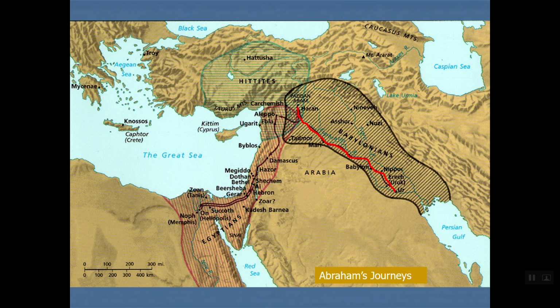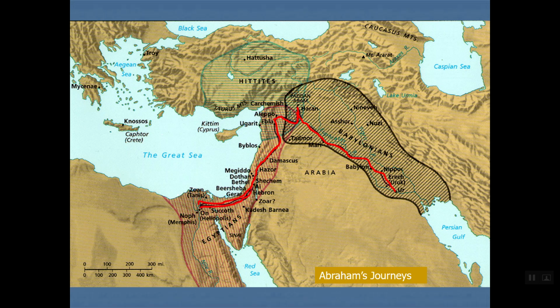All right, so that brings us, this is not quite yet the map that I was telling you about earlier, but this map shows the travels of Abram. Remember that Abram and his family started out here in the land of Ur of the Chaldeans. They went from there, and Abram's father Terah took his family and they traveled up to Haran.